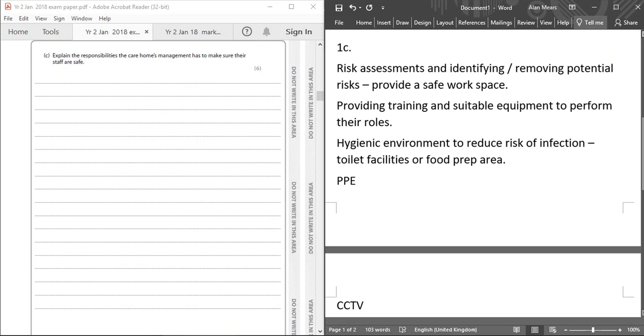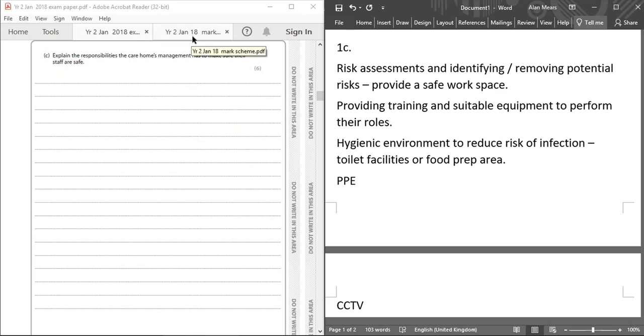So it's a 3 plus 3, just in the same way your 2 marker is a 1 plus 1, your 4 marker is a 2 plus 2, 2 points, 2 explanations. I will see 6 markers the same, 3 points, 3 explanations, ideally to meet the criteria. Now, if you're unsure, do 1 more, stick something else on, do 4 with an explanation, just to boost up your answer if you're not confident on what you said.